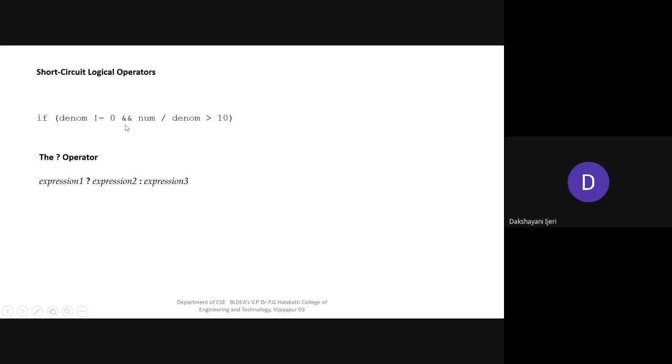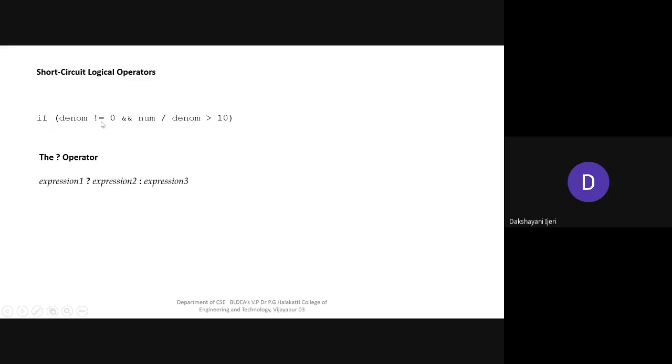So if you use the double AND operator, first it is going to concentrate only on the left part of the expression. If this gives the result as true, only at that time will it get into the execution of the right side of the expression. So in this case, you can see denom is a variable. Just imagine that this checks whether the value of denom is not equal to 0.